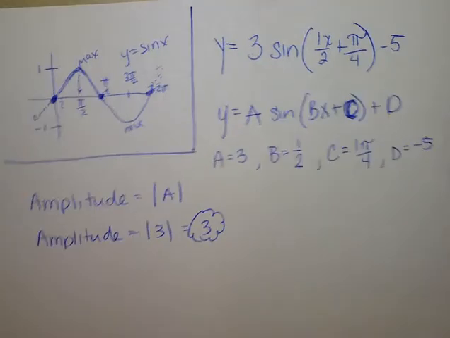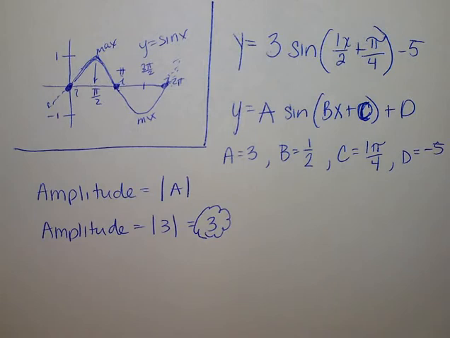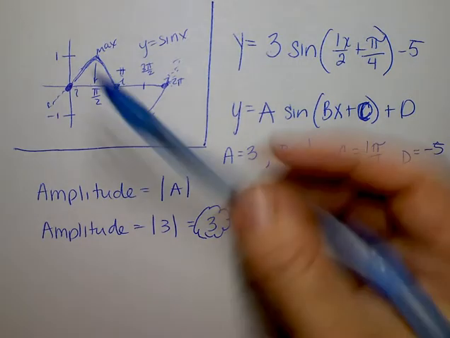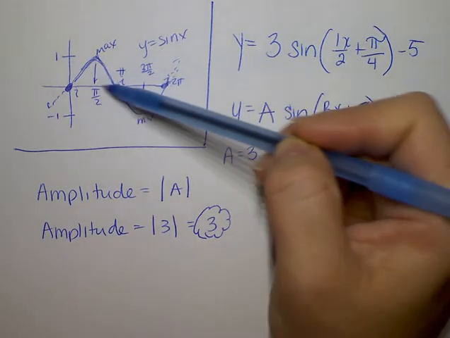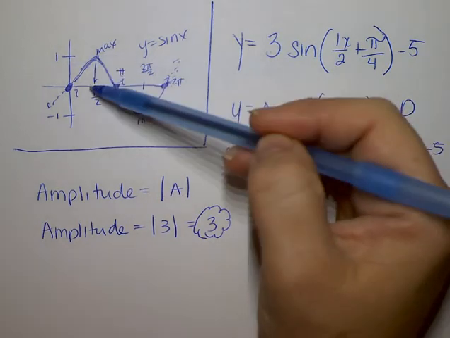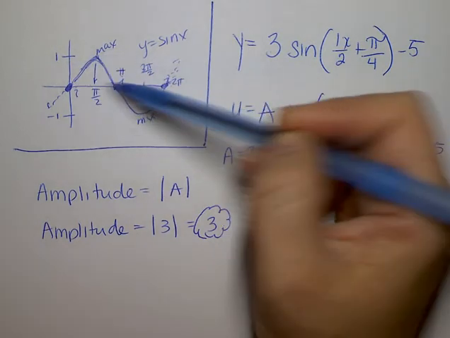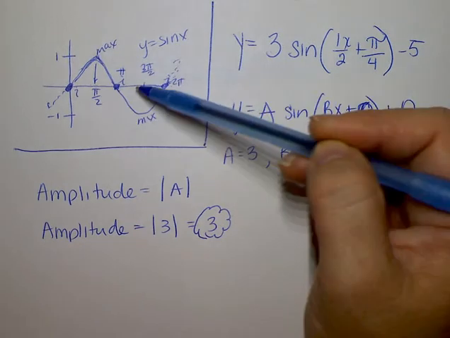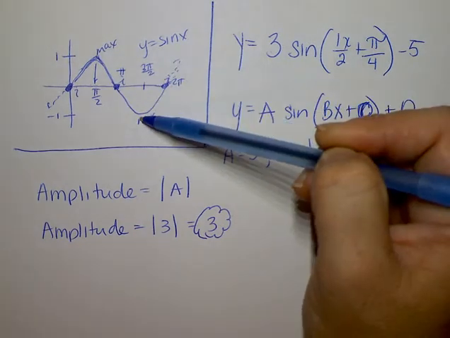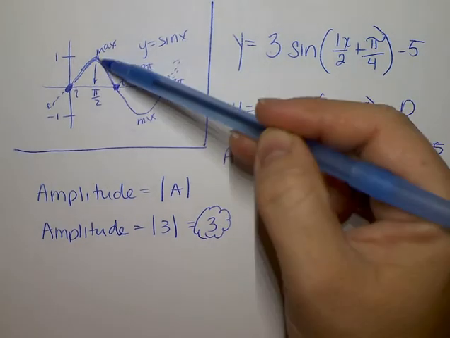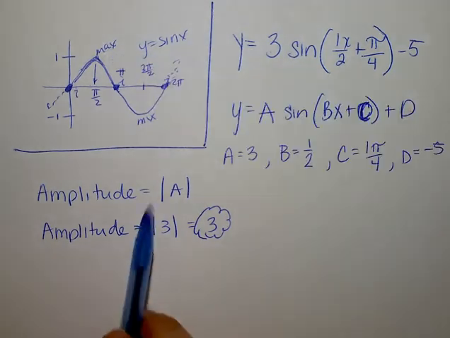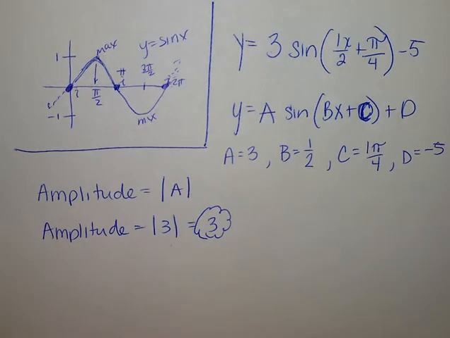Just to give you an idea of what that's going to look like when we eventually graph this, that means the distance from our center line, in this case the x-axis, up to the highest point, and the distance from the center line to the lowest point, will be a distance of 3. Again, distance is always described as a positive number. Absolute value makes it positive.